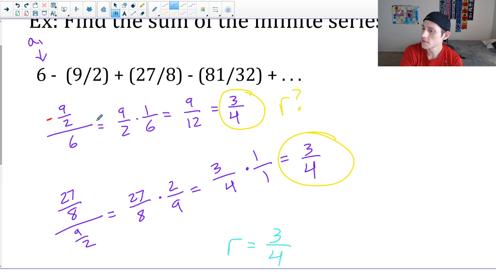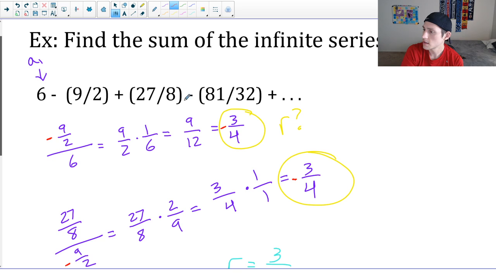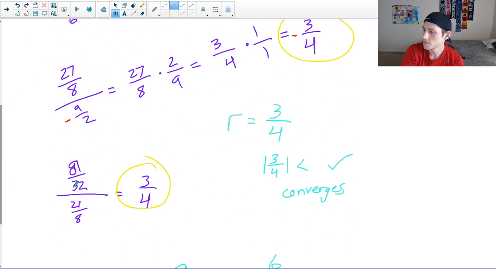This was negative 9/2. So negative 9/2 divided by 6, so that'd be negative 3/4. 27/8 divided by negative 9/2, so this would also end up being negative 3/4. 81/32 is negative. So this would also end up being negative 3/4.